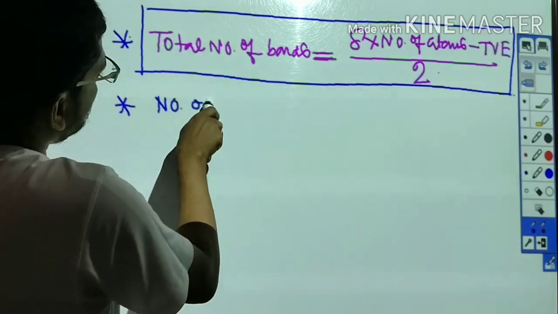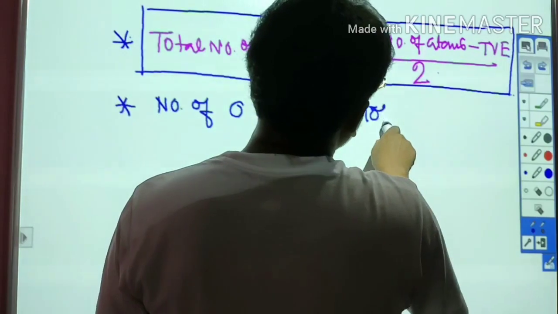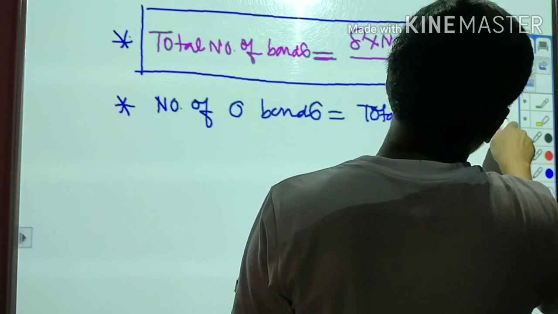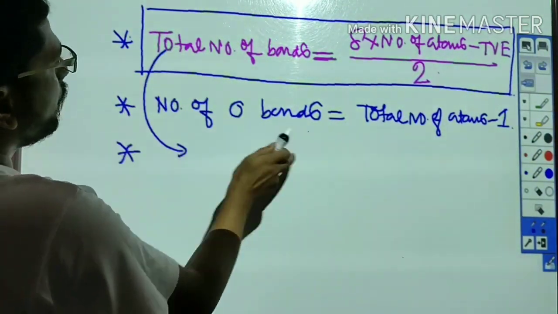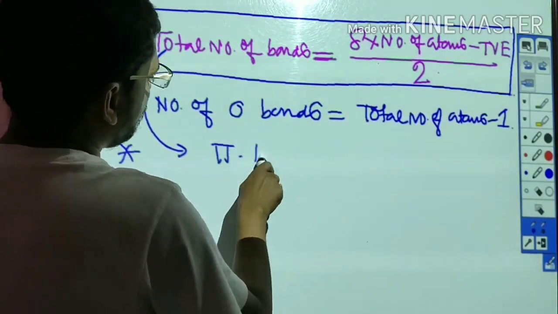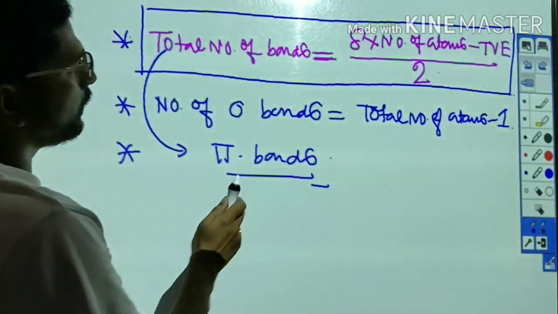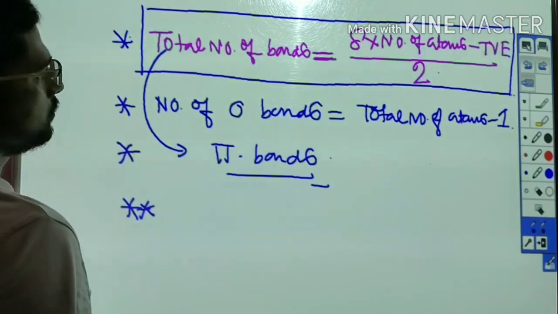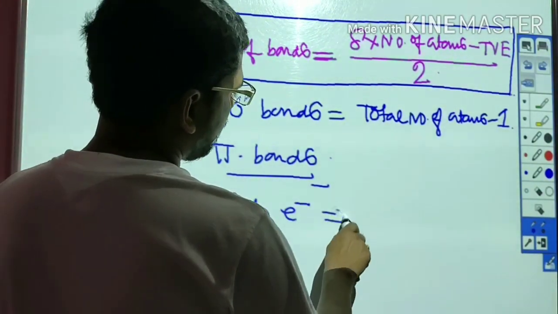Number of sigma bonds is equal to total number of atoms minus 1. If you know the total number of bonds and sigma bonds, then from this formula we can calculate the pi bonds. I will give you an example, then you will understand. And lone pair of electrons we can easily calculate.